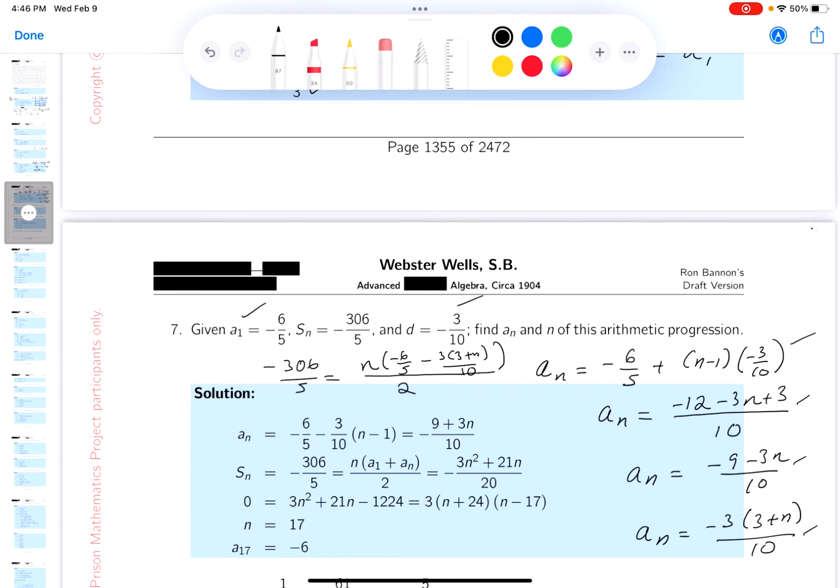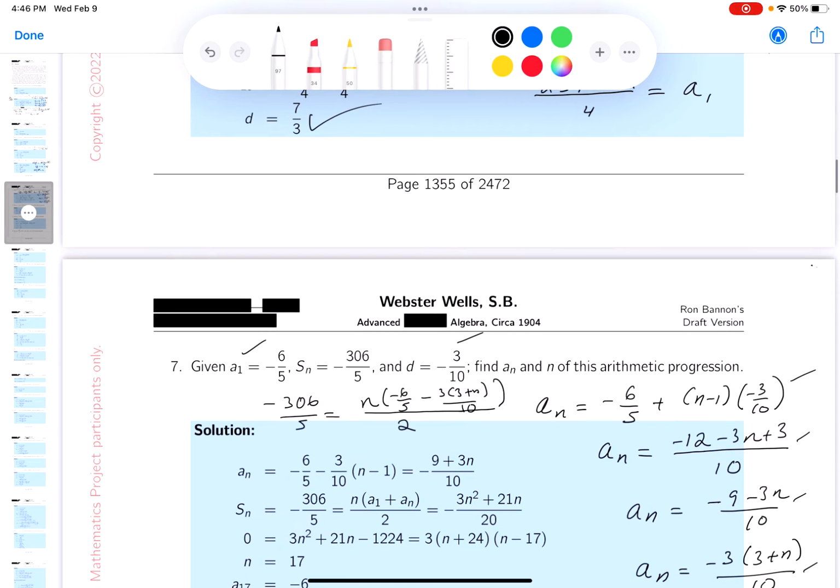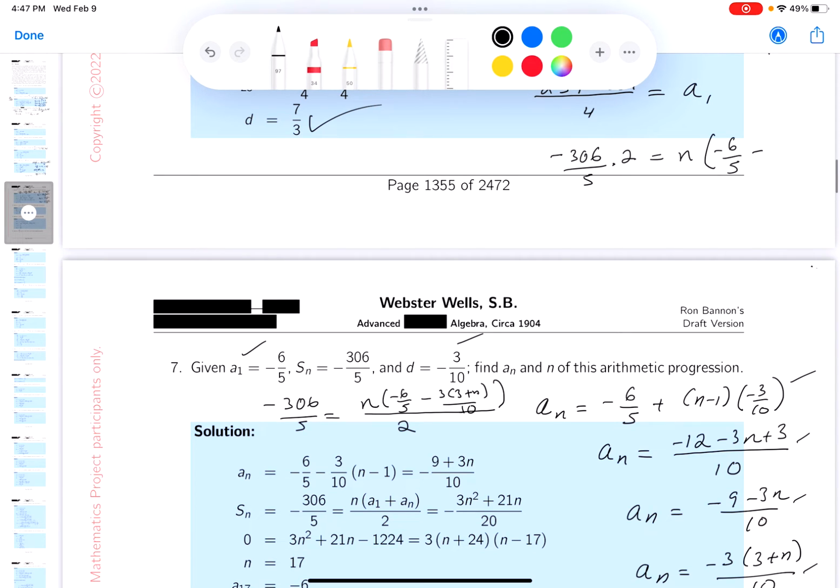So minus 306 over 5, I'm going to multiply it by 2. We'll do that later. Equals n times (minus 6/5 minus 3 times (3 plus n) over 10). All right?